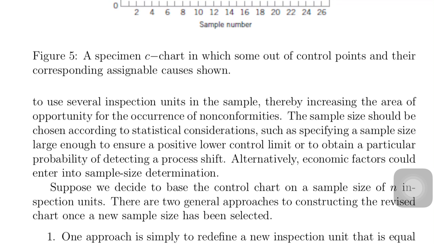The sample size should be chosen according to some statistical consideration, such as specifying a sample size large enough to ensure a positive lower control limit, or to obtain a particular probability of detecting a shift.